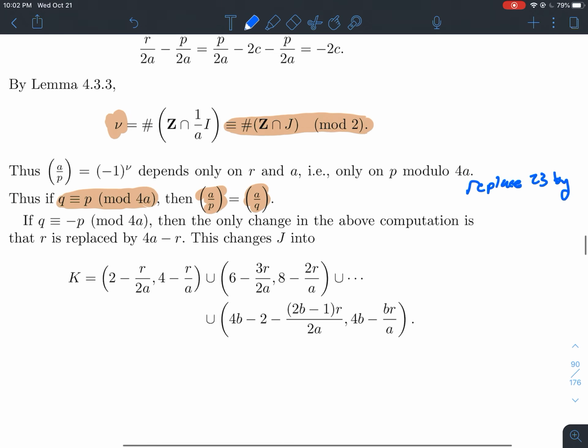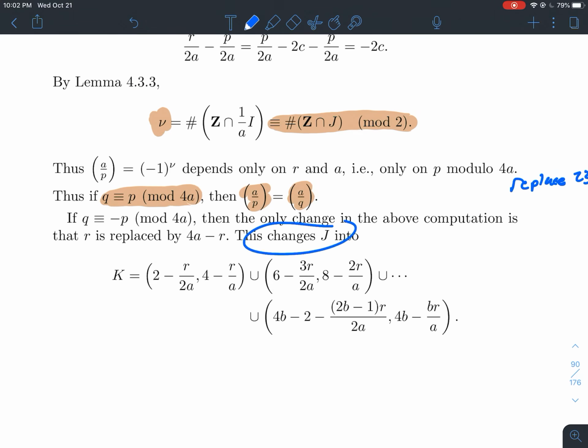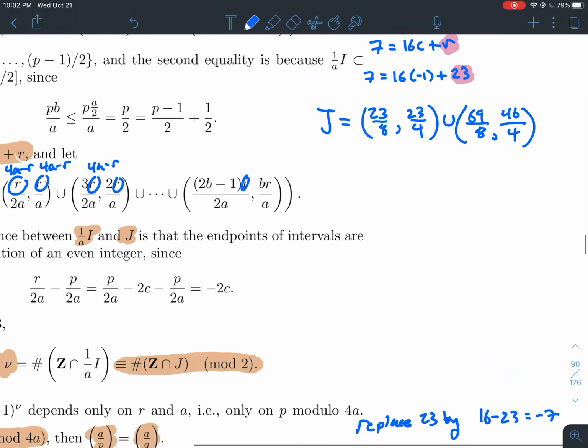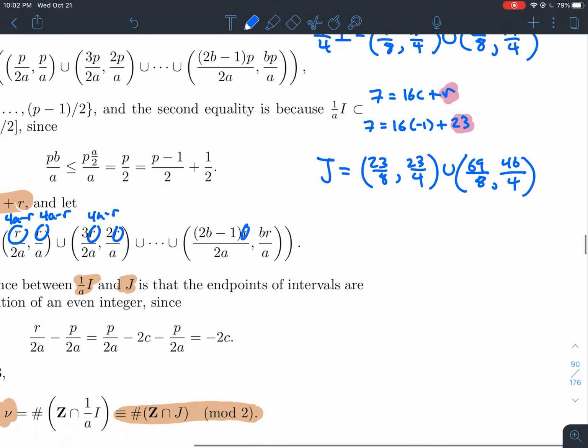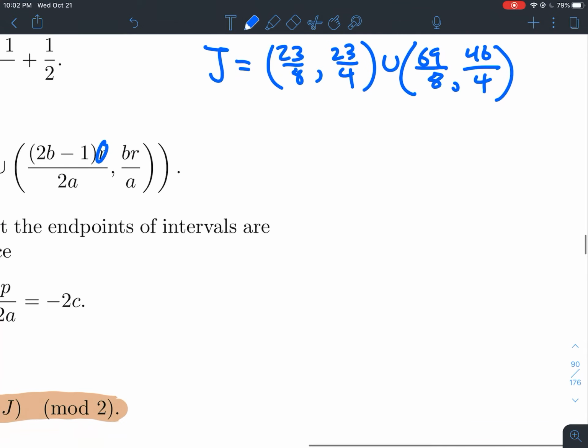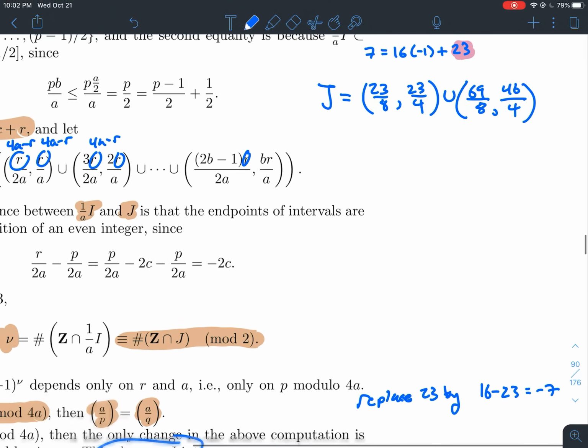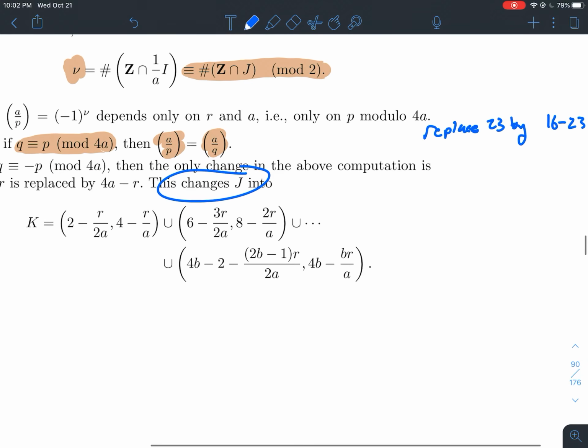So what we're going to do then is take our j, where j had all these r's here, and replace them by 4a minus r, 4a minus r, 4a minus r, etc. So what's that look like in my example? Here is my j, and it's right here. I'm going to write this, and they call it k now, right? And they simplified k a little bit more.